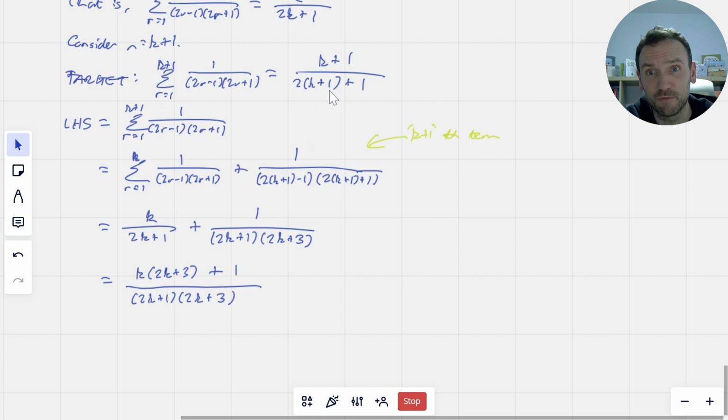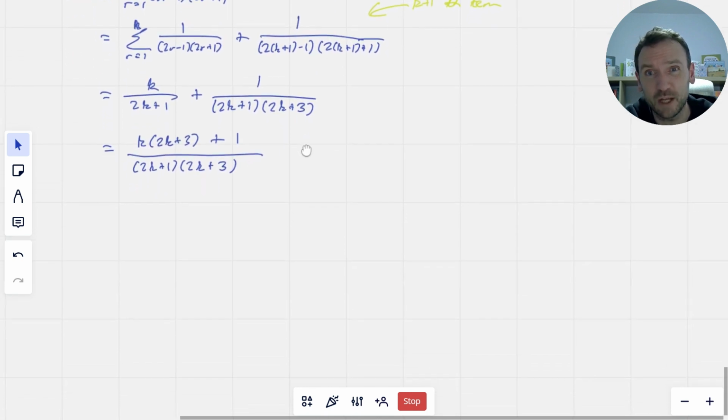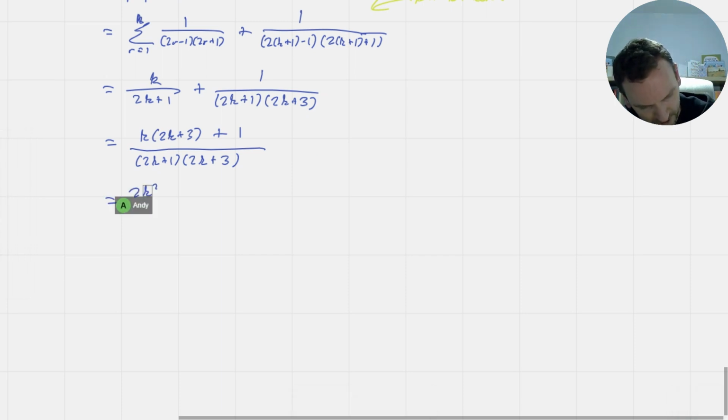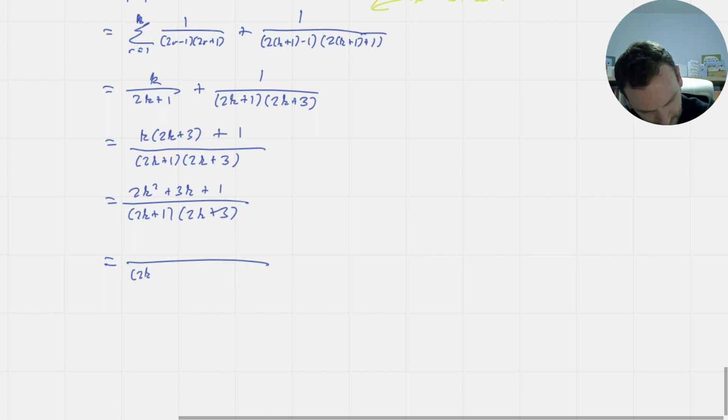We're expecting to have one factor, so we're hoping for some simplification to happen. We're going to have to expand that numerator and then see if we can simplify it another way.